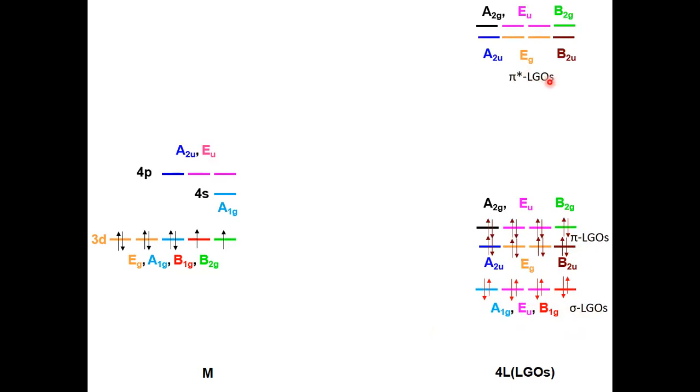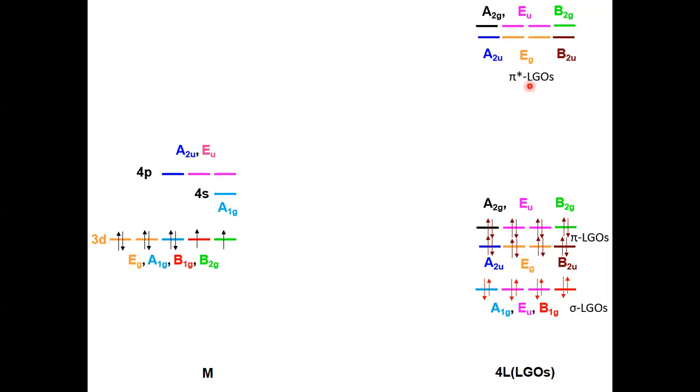Which of these two we use depends on whether our ligand acts as a pi acceptor or as a pi donor. In our example of the tetracyano nickel complex, the cyano ligand acts as a pi donor and not as a pi acceptor.